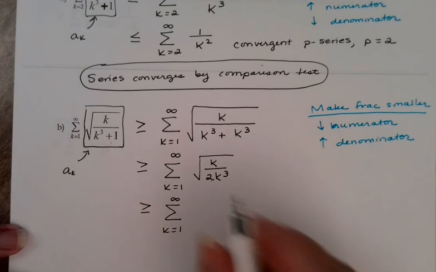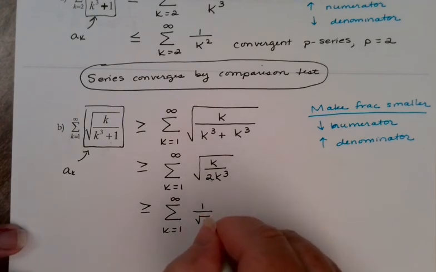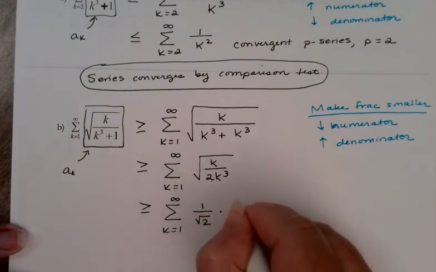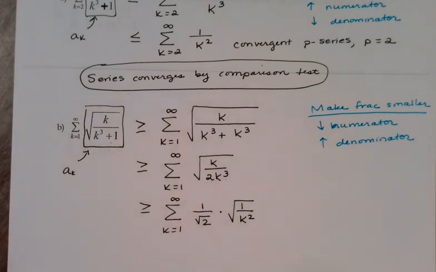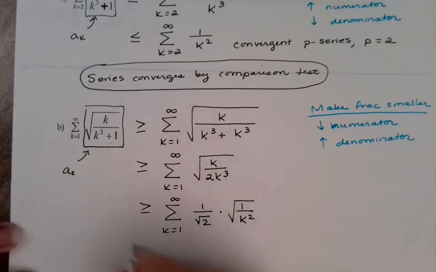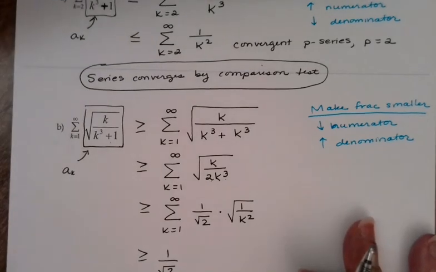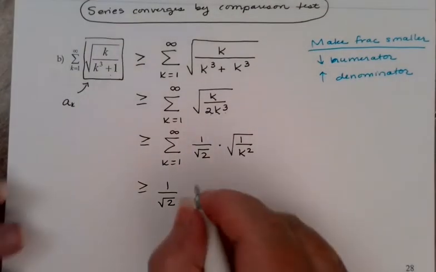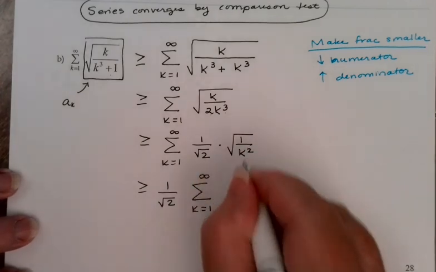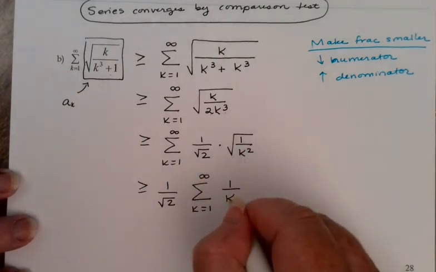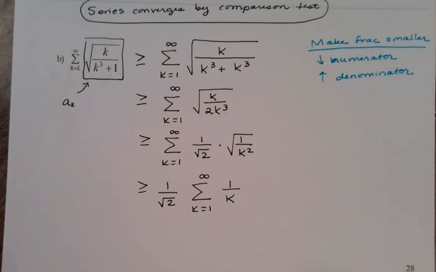That square root of 2 in the denominator, I can just bring that up in front. And then the k over k cubed would simplify to 1 over k squared. The 1 over square root of 2, I can pull that out of the whole sum. And the square root of 1 over k squared is just 1 over k.